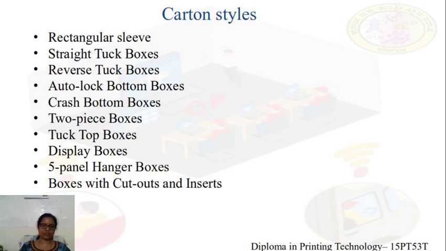The styles of cartons are named rectangular sleeve, straight tuck boxes, reverse tuck boxes, autolock bottom boxes, crash bottom boxes, two-piece boxes, tuck top boxes, display boxes, 5-panel hanger boxes and boxes with cutouts and inserts.